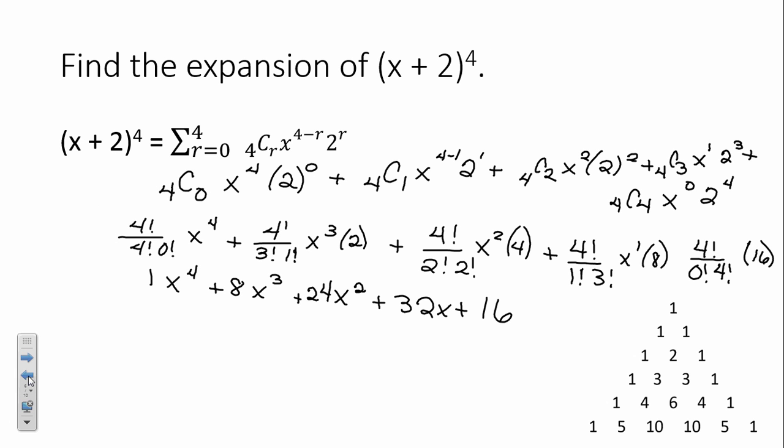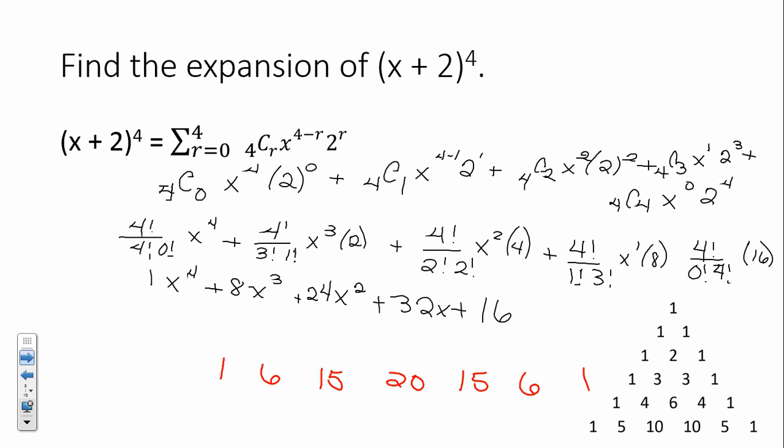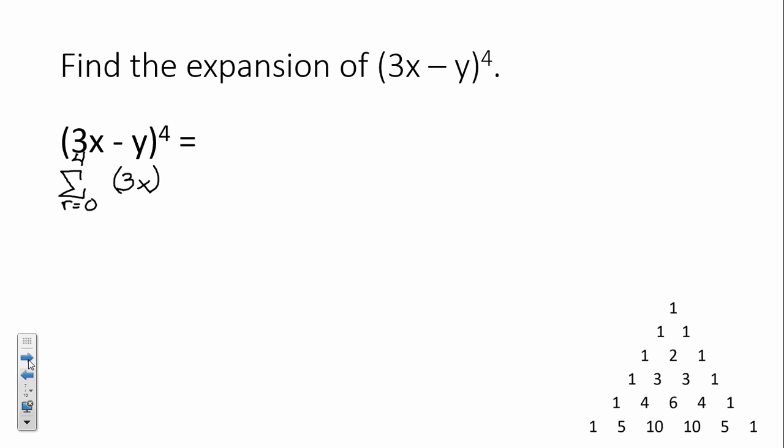I forgot this. And then it's going to be 3x to the 4 minus r and 2 to the r. Oops. Okay. Not to forget our coefficients. And it's going to be nCr, depending on what that's going to be.